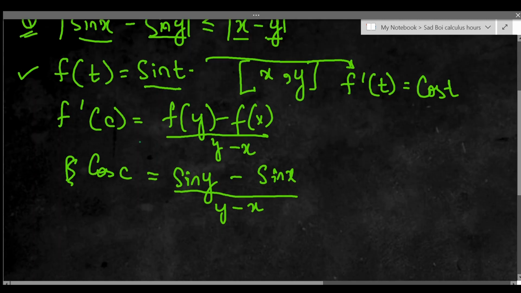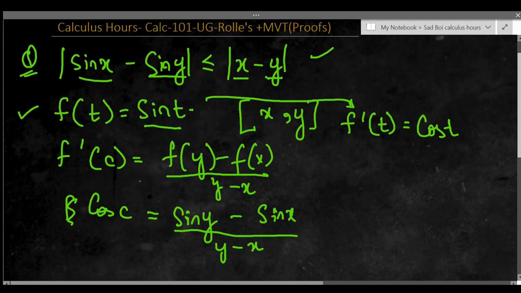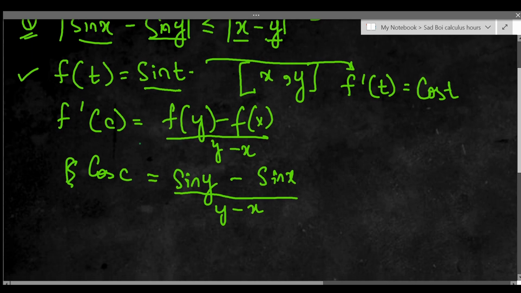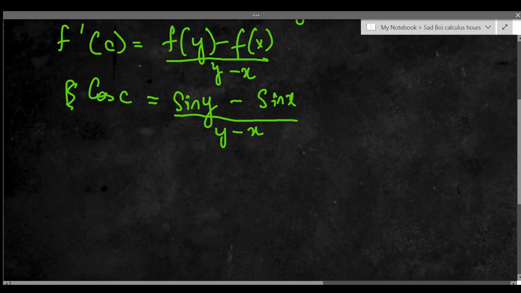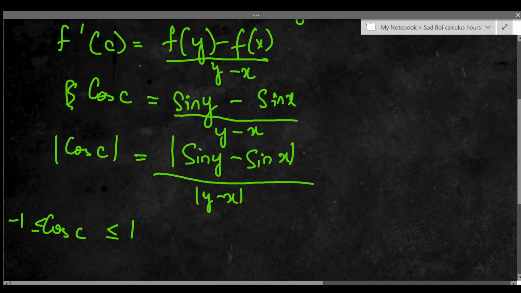Now we need to prove an inequality that has modulus signs, so let's insert the modulus signs. So we have modulus of cos c equals modulus of sine y minus sine x over modulus of y minus x. Now we know that cos c lies between 1 and -1.